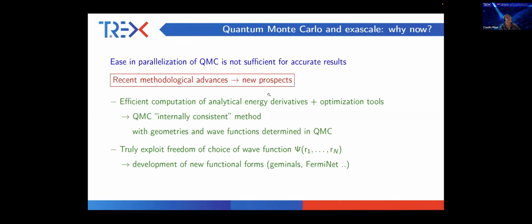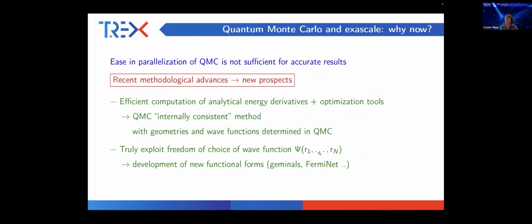And for us, this is also a very good moment because there have been a lot of recent methodological advances. For instance, we can compute analytical energy gradients. We have a bunch of optimization tools for our wave function, and so the methods can start to be treated as internally consistent, with geometry and wave function determined within the method.